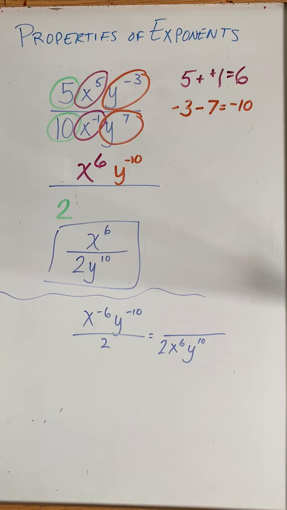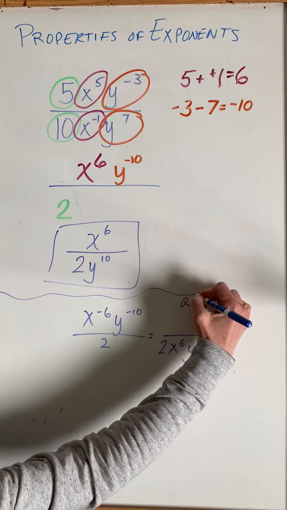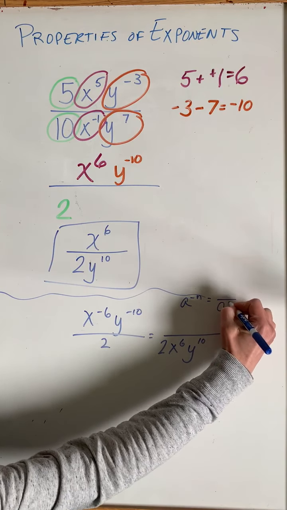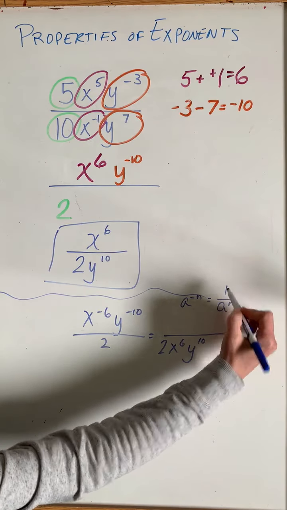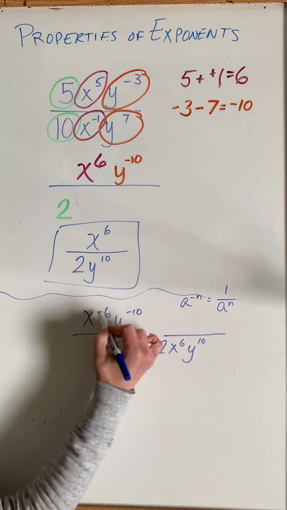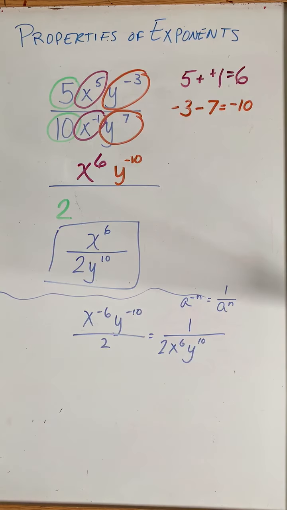Think back to that original property, right? When we had a to the negative n equals, we moved the a to the n to the bottom, what were we left with in the numerator? That was just a 1, right? So if we move everything from the top to the bottom, that would just become 1 over 2x to the 6th, y to the 10th. Okay, good with that one?